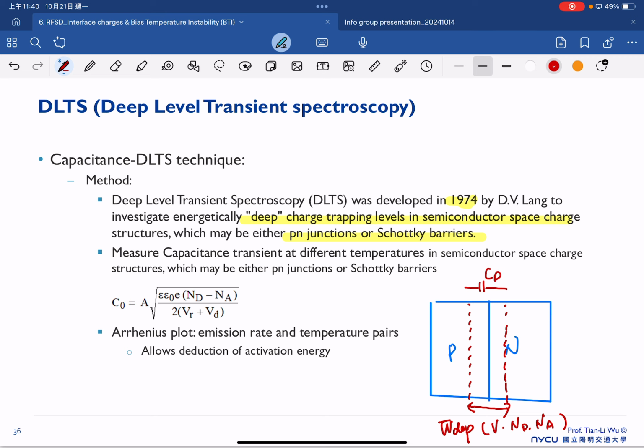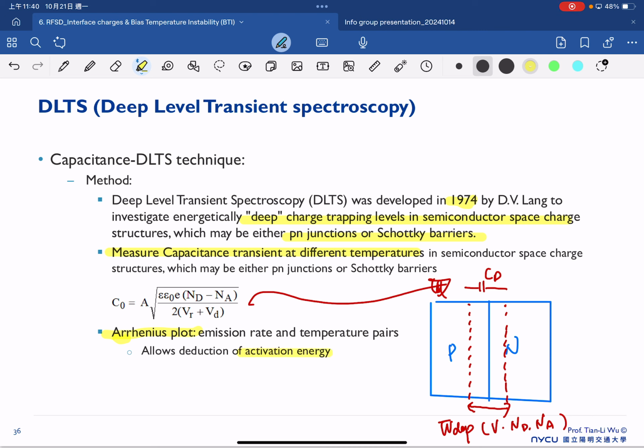So the idea is to measure the capacitance transient at different temperatures in the semiconductor space charge region. This is the equation for this one. Then we can apply the Arrhenius plot, which allows us to calculate the activation energy here.